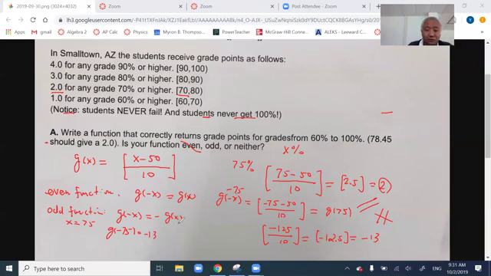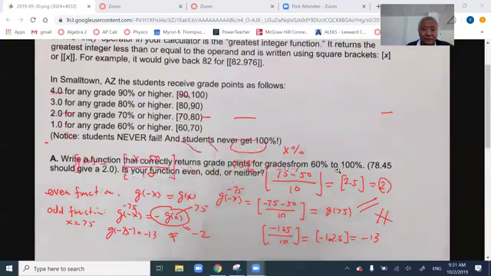But negative g of x will be negative 2, because g of 75 is 2. So they're still not equal. This function does not belong to even and does not belong to odd, so it's neither. Neither is the answer. All right, so let's move on to part B now.